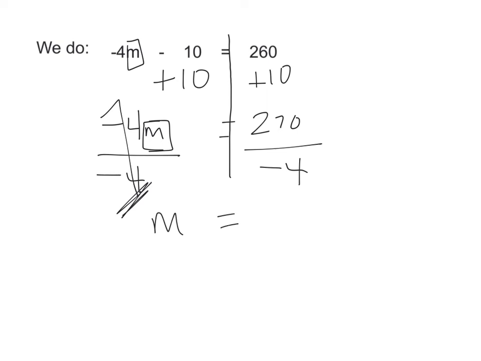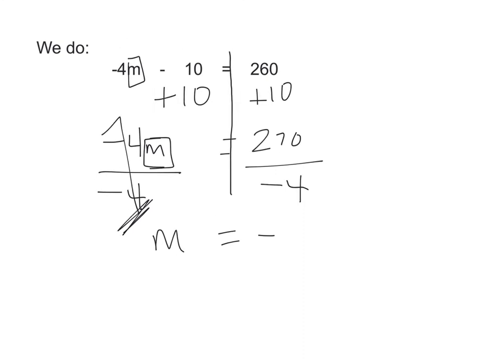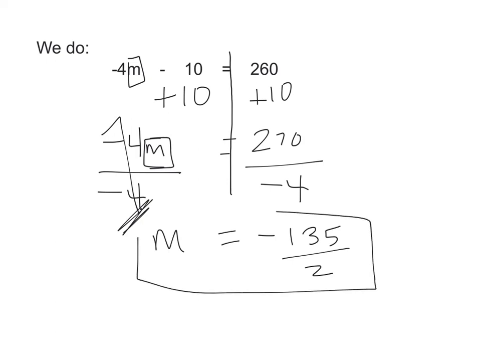And that's equal to 270 divided by -4, which comes out to be negative, since there's one negative, 135 over 2. So I just simplified 270 over -4 to the fraction -135 over 2. I just divided by 2 to get that. And then, of course, I would check. I'm going to save the check for you to do, so go ahead and check to make sure it works.